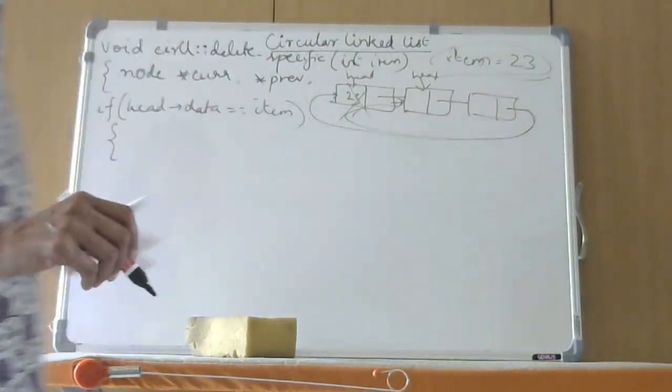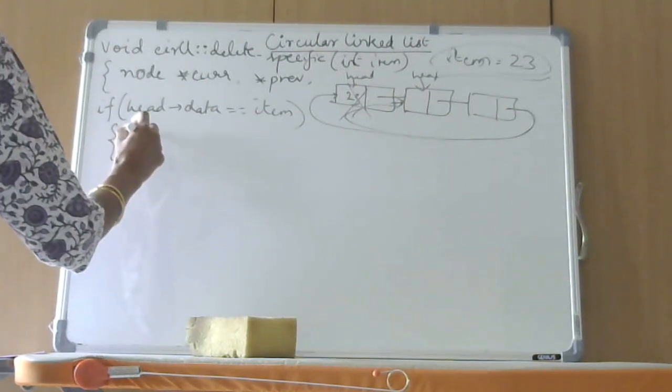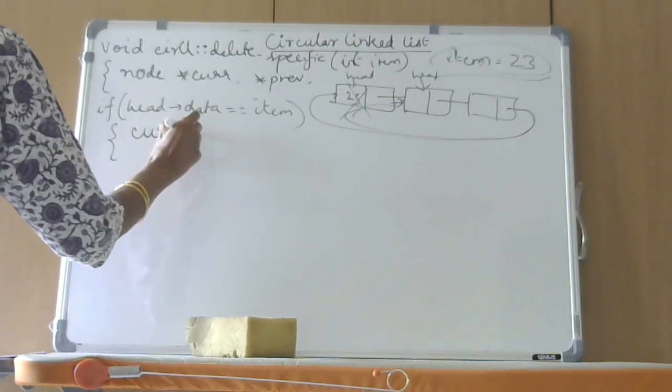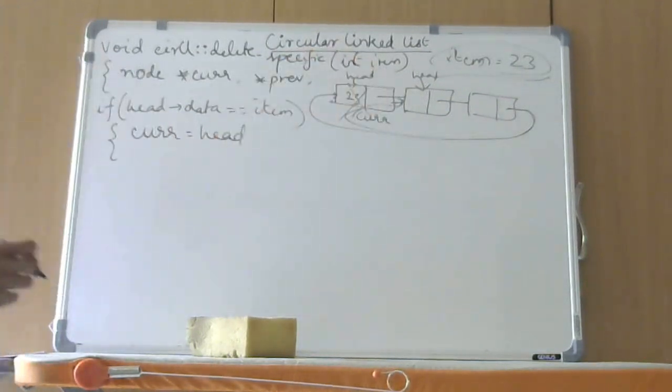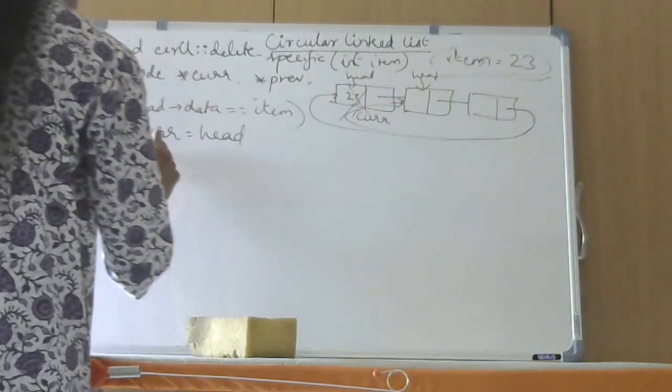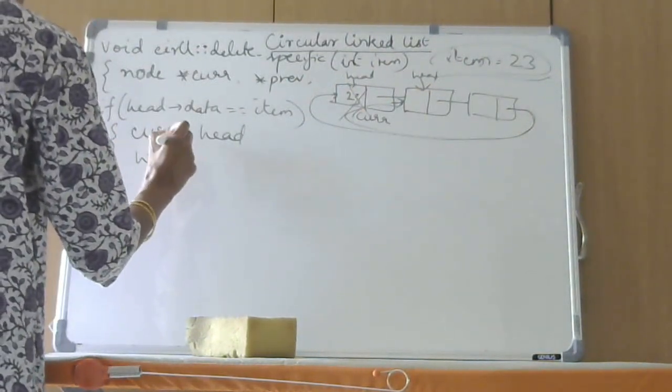How do I access this node? I will take this pointer current. I will initialize current is equal to head. So this will become my current. Next, I should go on traversing. How do I check? In the last video session also we have seen something like this.